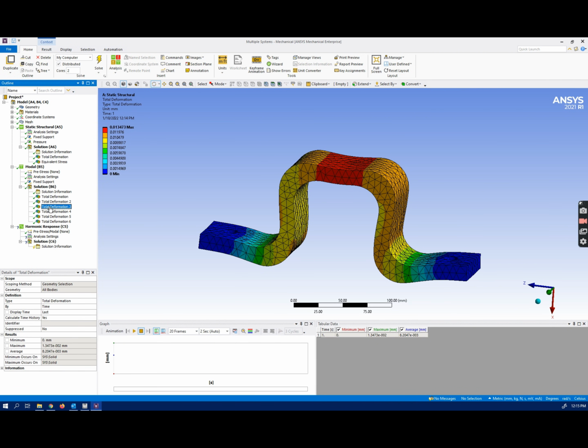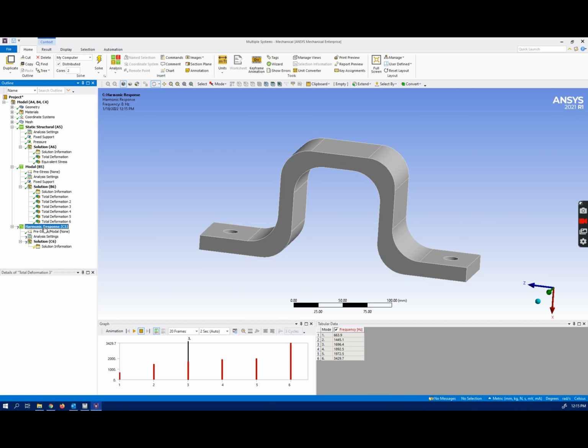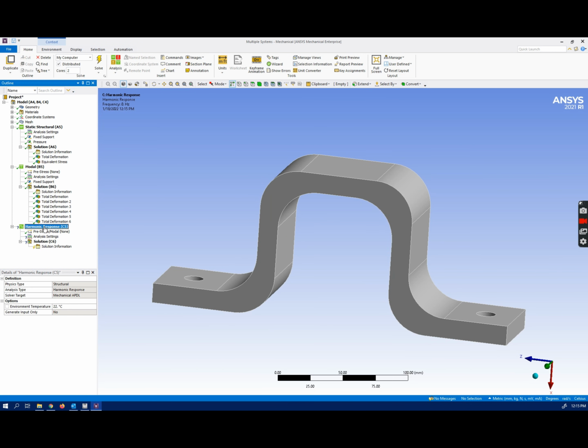If I had vibration, in the worst case, which is the natural frequency, I'm going to have 24 millimeter deformation, which is very bad and we should avoid it. Now I'm going to investigate harmonic response. Basically apply the pressure, make it change like a sinus variation, and see what the frequency is for this arrangement.